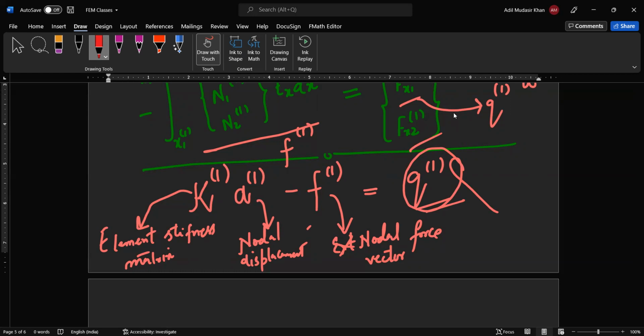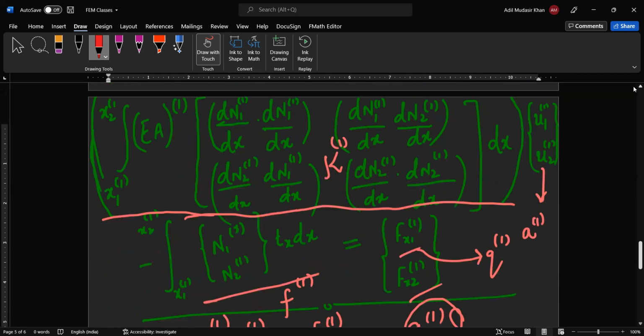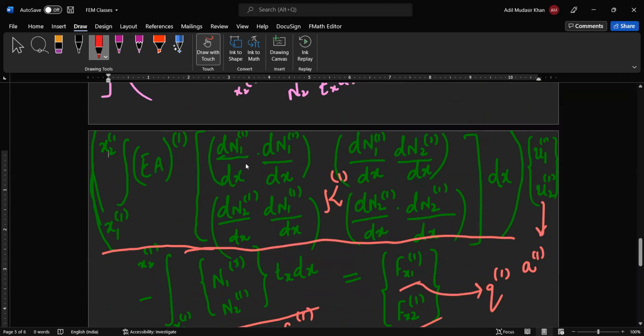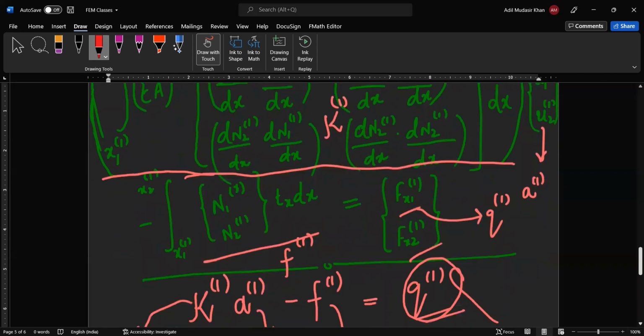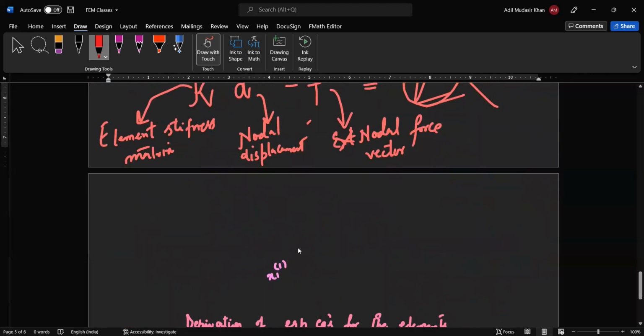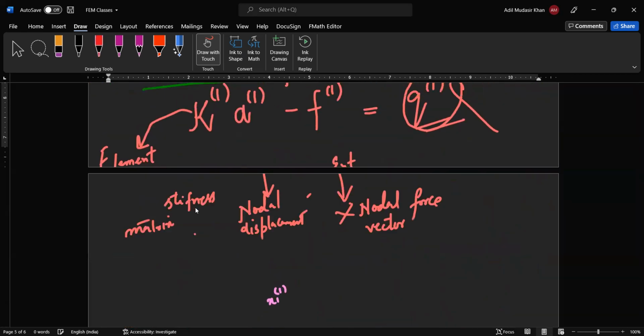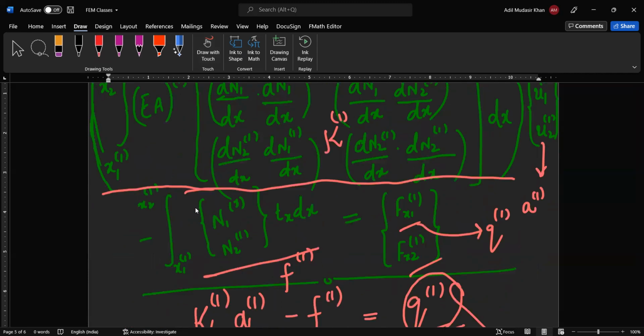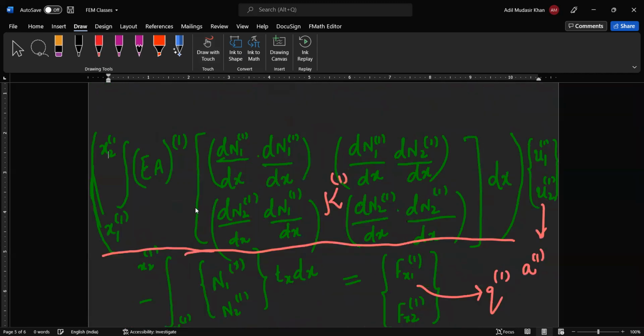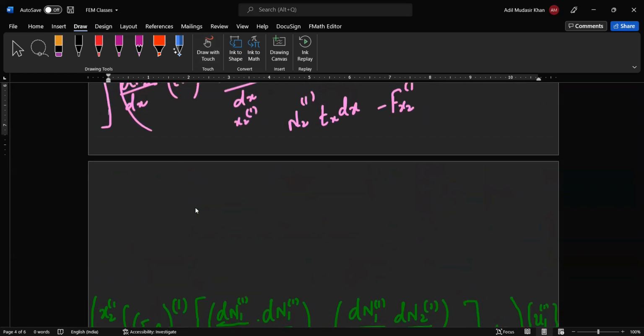Now, if we move forward and try to see what the K represents, you can return to this expression. Let's take a little bit of time in finding the value of K for a bar element having one element.